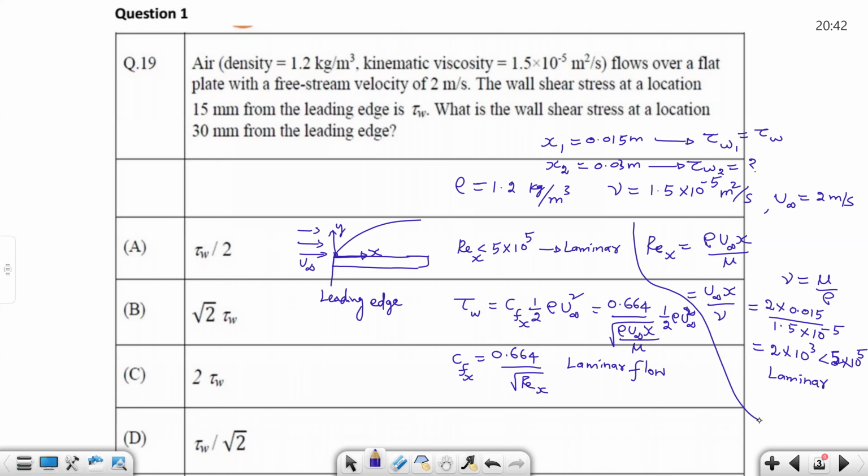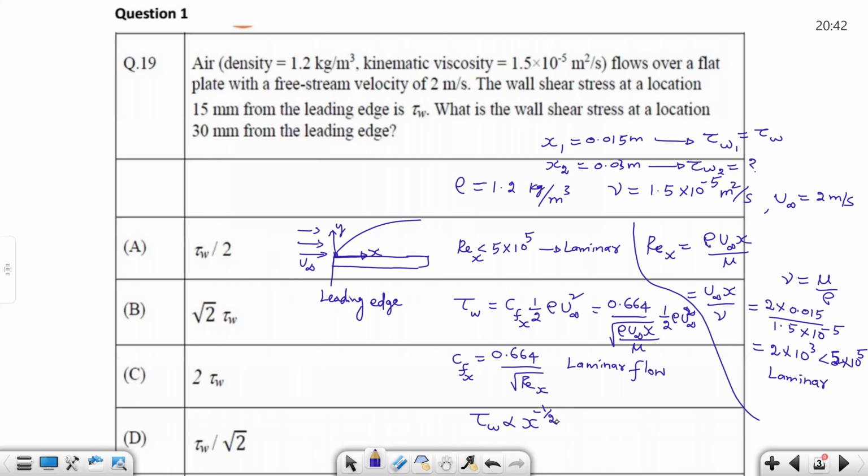So the wall shear stress at a location x1, 0.015, is this much. What is the wall shear stress at a location x2, which is 0.03 meter? The wall shear stress related to x, with density, free stream velocity, viscosity, everything the same, is proportional to x power minus 1 by 2.